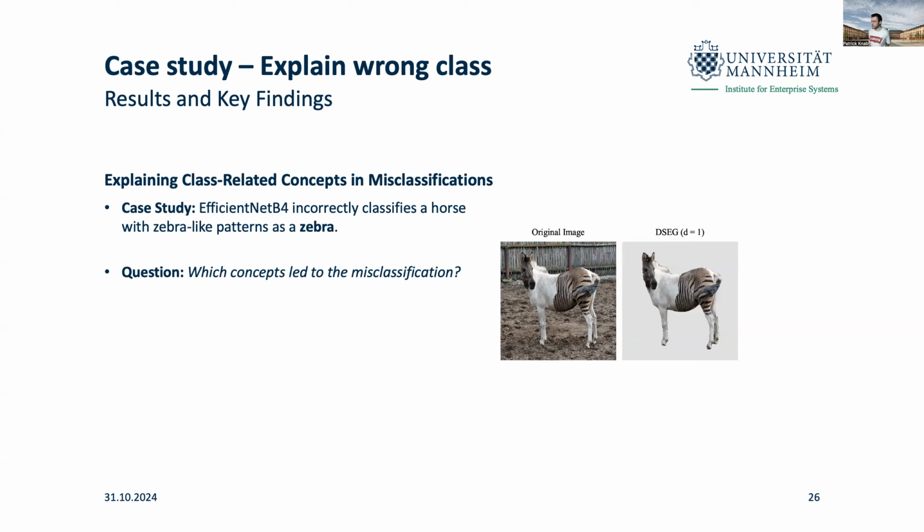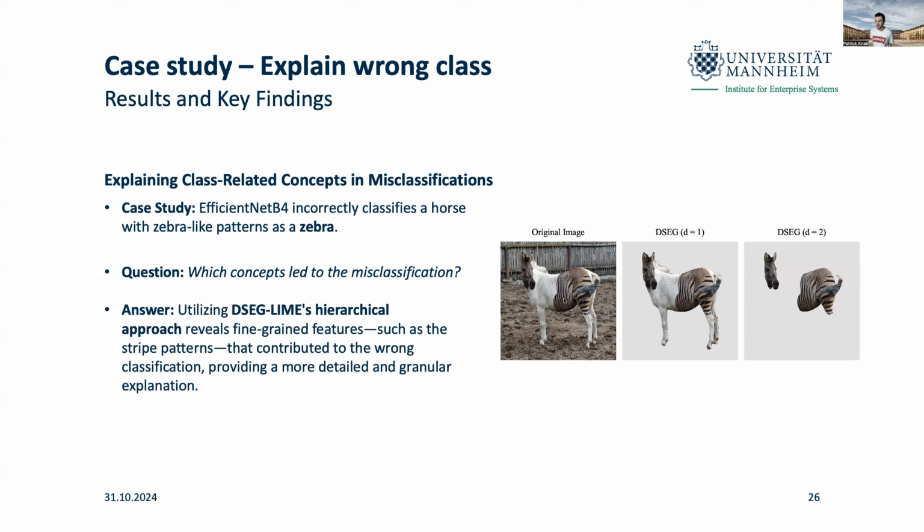And again, for the first hierarchy, we get the whole animal. So it's the same thing as what we get for the hyper car or sports car. But we are not happy with this explanation because we want to have more or finer details. So in the second hierarchy, we now get its head and its tail.